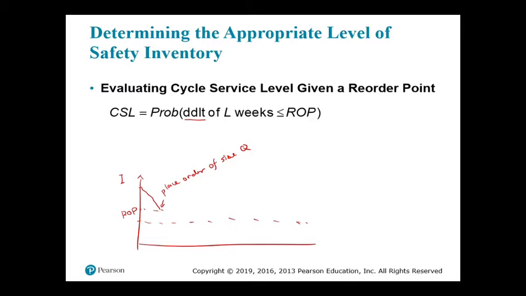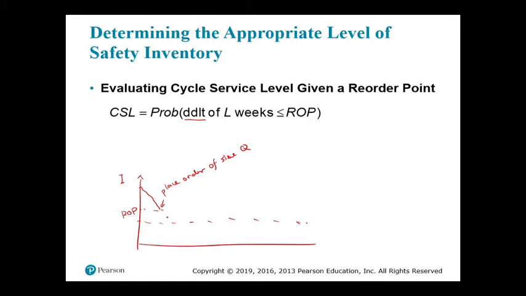Then we need to know the cycle service level as a result of this policy. Cycle service level is basically, during each cycle, or throughout time, the probability that I'm out of inventory.